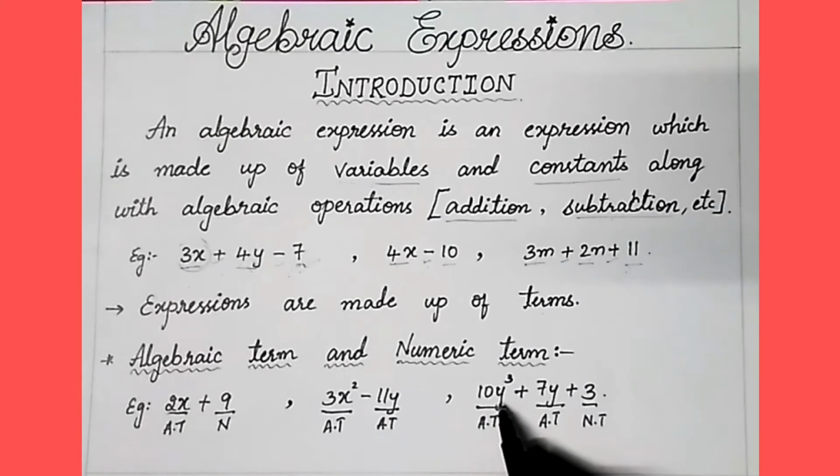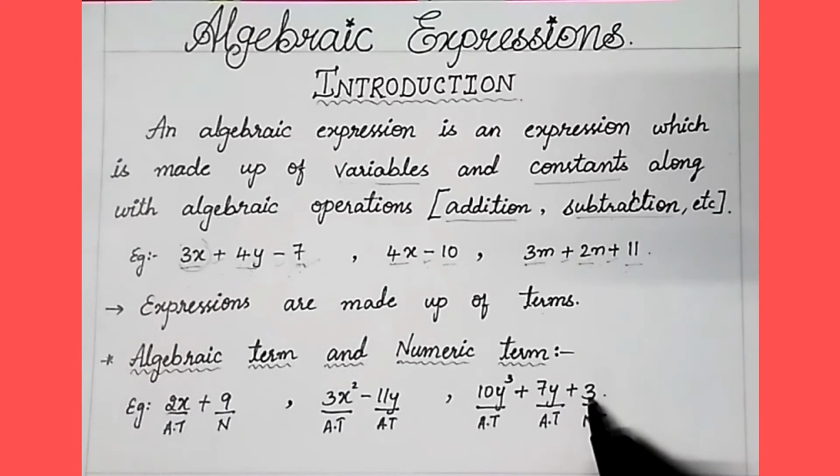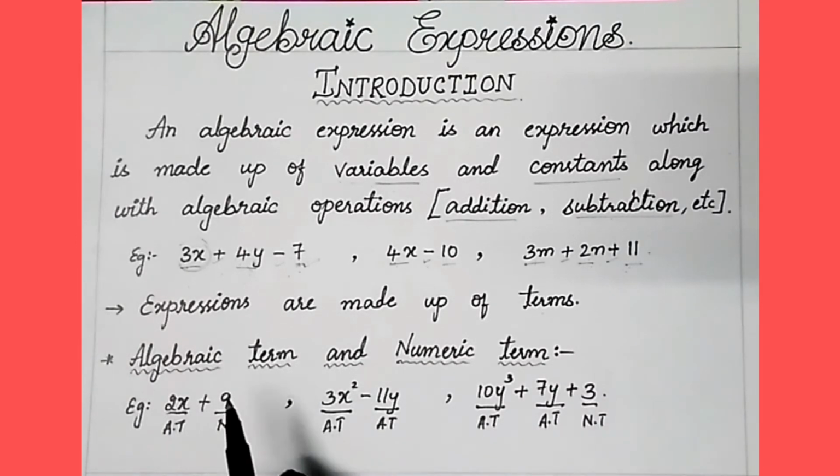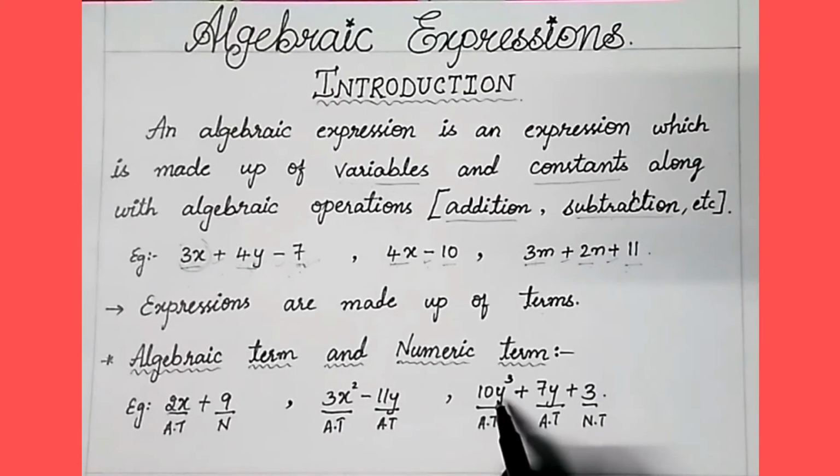With the 10, it has y cube. That means it is a variable. So this is called an algebraic term. 7y. With the 7, it has y. So this is also an algebraic term. Here this is only a number, which is 3. So this is called a numeric term. Hope you understood what an algebraic term and a numeric term are.